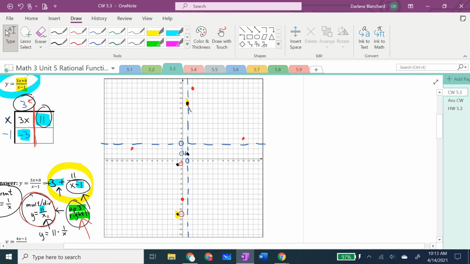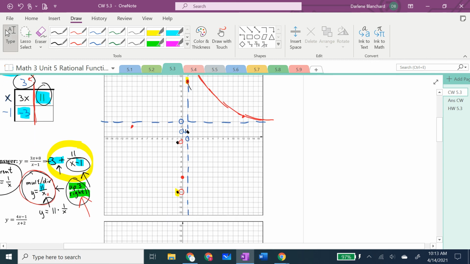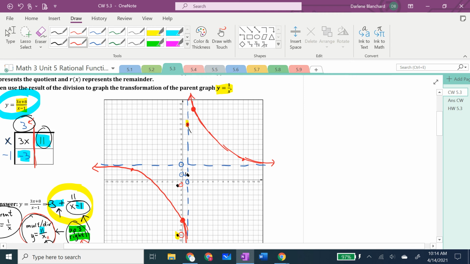And now remember, those highlighted points that I have there had been moved. And I'm going to draw the final graph in red. I need to see that you're going through this point. And then just draw within the asymptotes. The asymptotes are meant to be guides. Make sure that you follow this point. And then that is it.